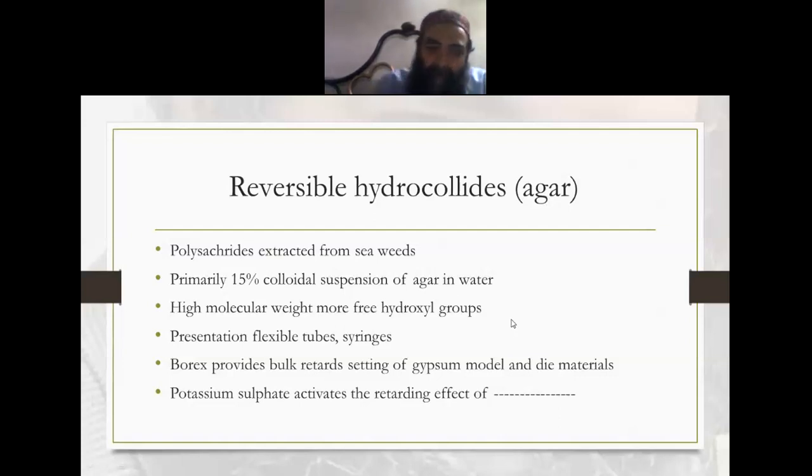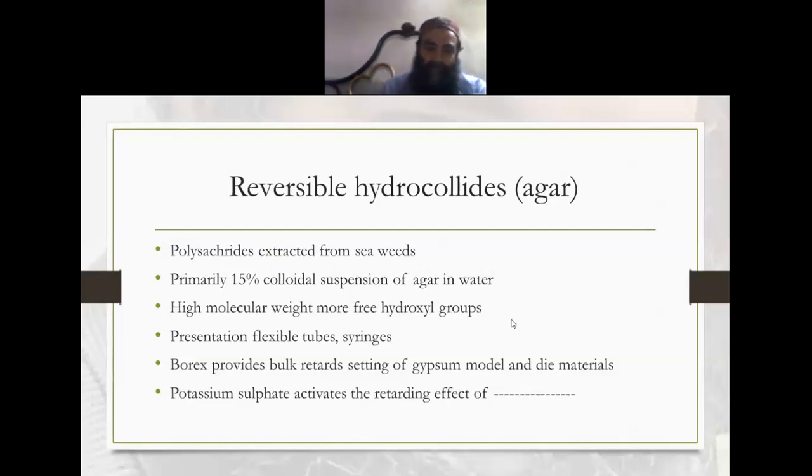Presentation is in flexible tubes like tubes of toothpaste, or syringes, not the syringes we use for injection. They are syringes like these, but they have no needle.